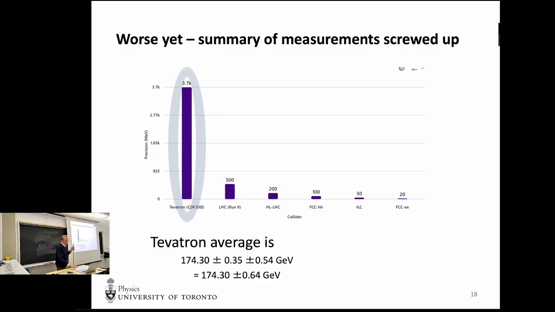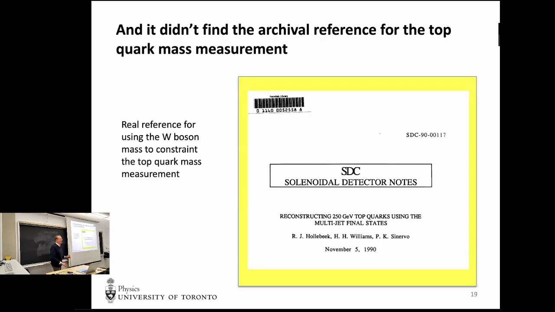Okay. So what really pissed me off was that there was an archival piece that explained this jet energy scale constraint business that we wrote back in 1990. And Copilot said, well, this came out of a collaboration called the Solenoidal Detector Collaboration for the SSC.